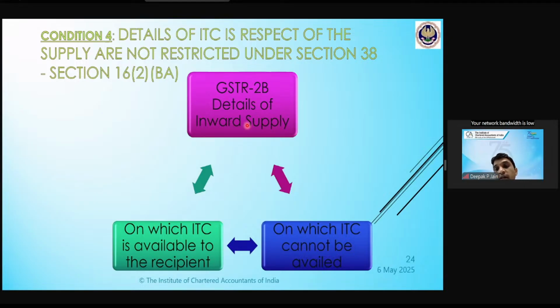So in GSTR-2B, this fourth condition is that it should not be restricted under section 38 on which ITC is available to the recipient. So in your 2B, you will have two columns: credit on which ITC is available and credit on which ITC cannot be available.